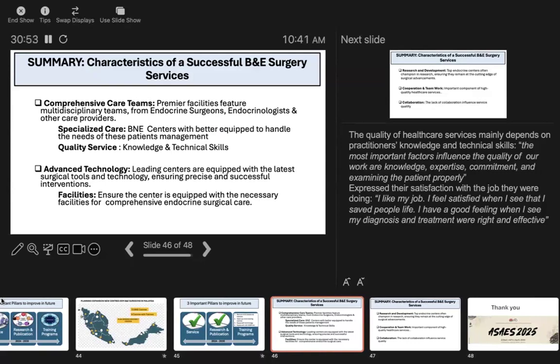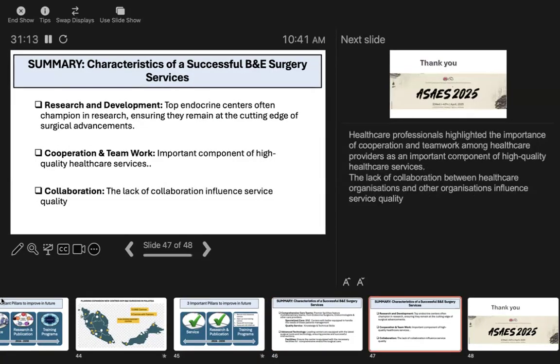We need very high quality services, in which the trainers have very good knowledge and skill, and advanced technology in all the centers, ensuring precise and successful interventions for our patients. And research and development, again and again, with teamwork and collaboration. This is all that we need to do in the future to make sure we get everything in house.